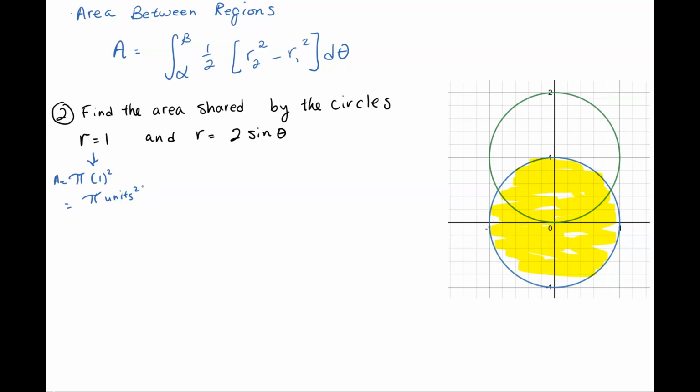Okay, but what we're going to do is, if we take this area and we subtract this area that I'm going to shade in blue here, because if you look at it, they're basically symmetric.